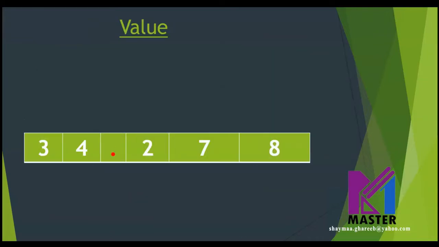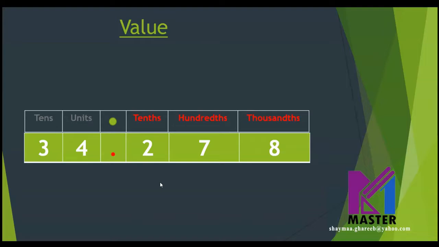Value. Look at this number here. It is 34.278. So this is a decimal number that has 3 decimal places, as you can see. First, let's revise the names of all the places in this number.